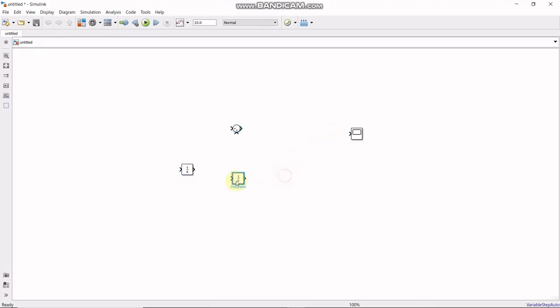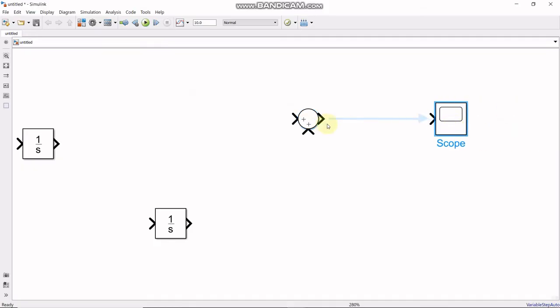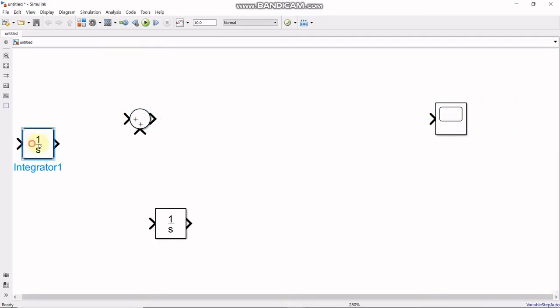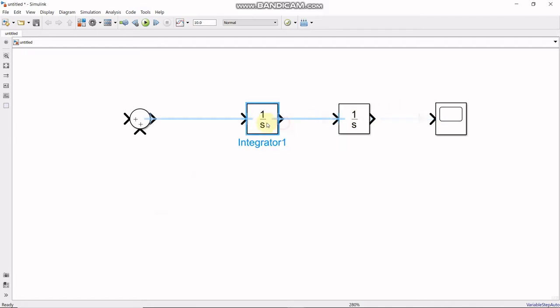So let's just try to arrange these blocks. Let me zoom in. Our output y will come out after the second integration.